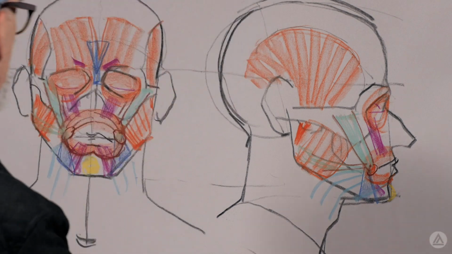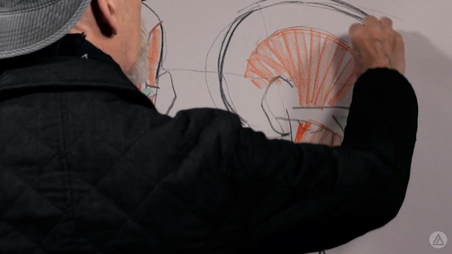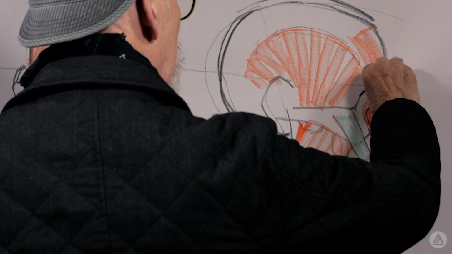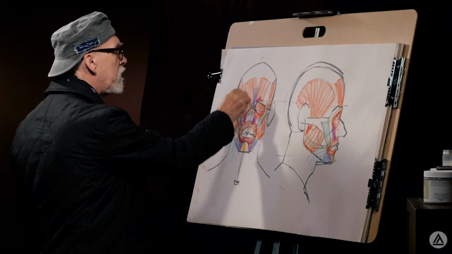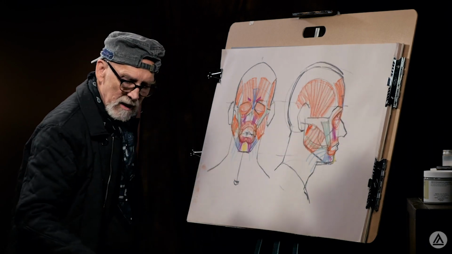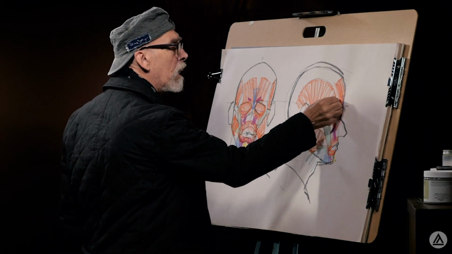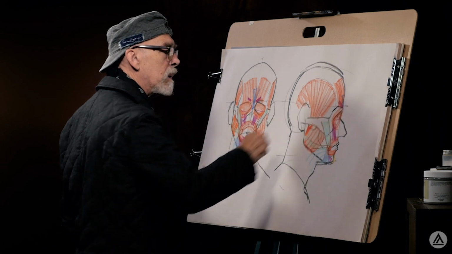Now I'm going to just come back up and add this frontalis from the side. And I'll add the procerus. And lastly, the corrugator that matches that.